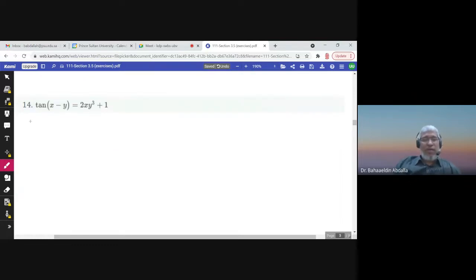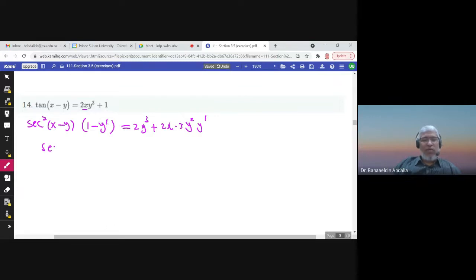Derivative of tan is secant square. And now the derivative of the inner function. Here I have a product. Derivative of 2x is 2. And derivative of y cube is 3y square times y prime. And derivative of 1 is 0.